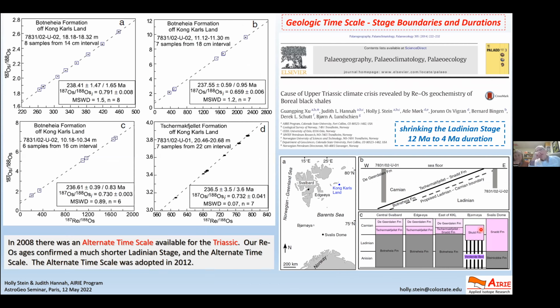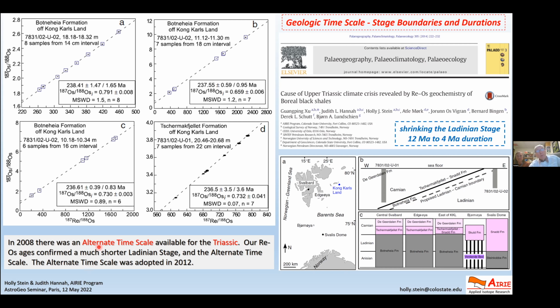My last slide before I turn over to Judy is that in this paper, and she'll talk more about this in the realm of Bayesian reduction of uncertainties through Bayesian statistics, the big take-home message here, not only looking at another climate crisis, was that we suspected with the rhenium osmium work that the Ladinian stage in the Triassic period was way too long. It just could not be 12 million years. And we were the first to really show that it had to be much less. There are only about 4 million years in this stage.